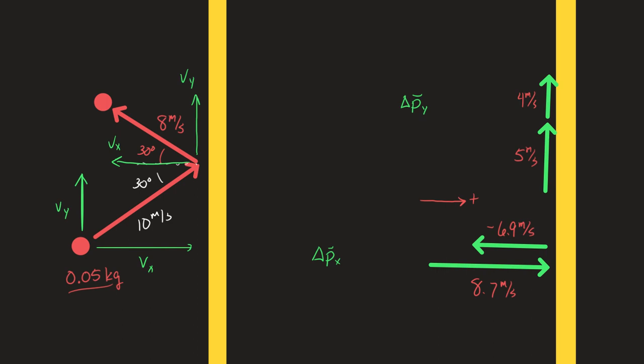There's not a lot here. Now let's do the part from Friday, which is just mv final minus mv initial. So 0.05 times negative 6.9 minus 8.7. And let's see, 0.05 times 4 minus 5.